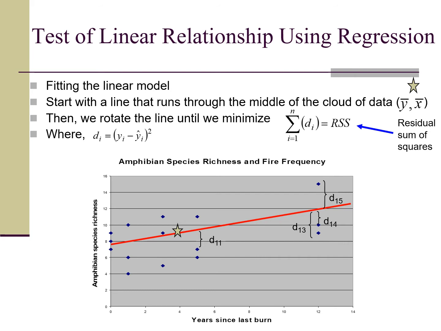So we're going to conceptually start with a line that runs through the middle of a cloud of data. And that data is going to have some mean y and mean x.